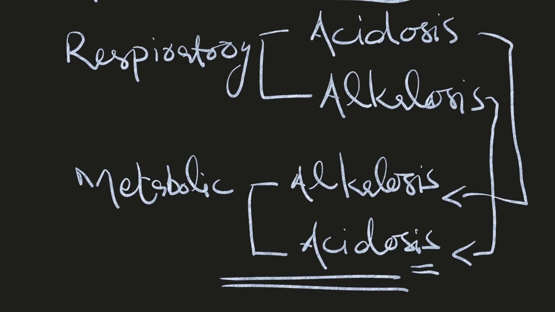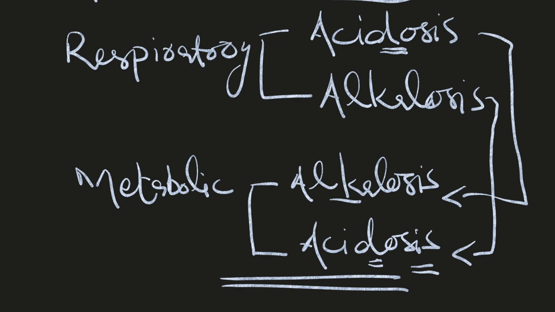Now, in the reverse scenario, if the body is having metabolic alkalosis, it will try to balance it with the respiratory component, and in the respiratory component the acidosis will help us to achieve the equilibrium. Same is true for metabolic acidosis.